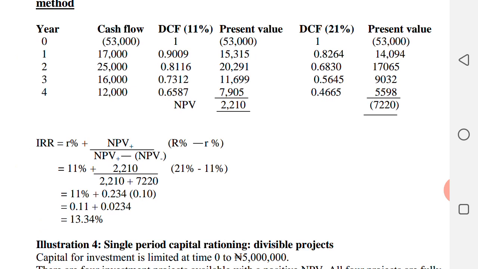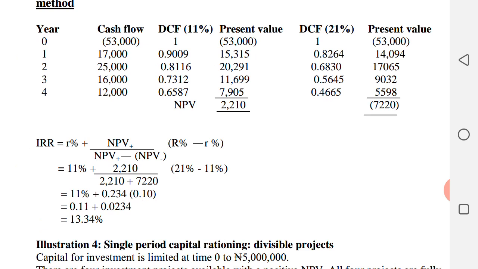That means whenever you want to accept or reject a project, you must look at the IRR. Once the IRR is higher than the return of that project, we should accept the project. IRR is called the minimum rate of return that you should accept from any project.